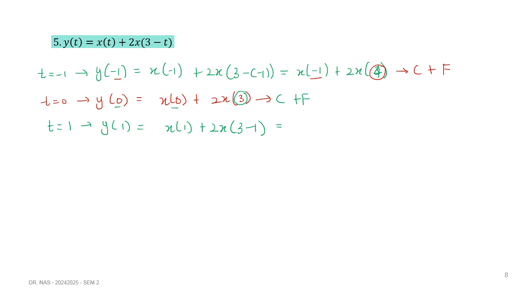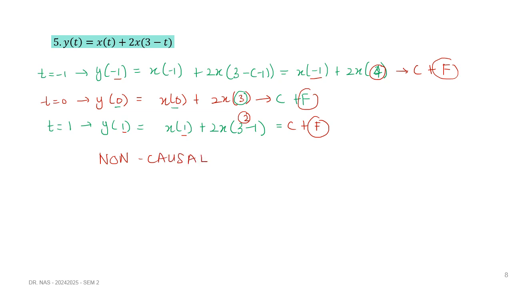Here the current state is 1, and 3 minus 1 is 2, so you have a future value: current plus future. Let's check the overall system classification. You notice that there are future values in the equation, so automatically the system is non-causal.